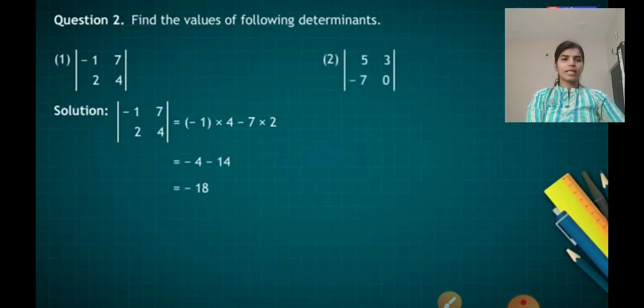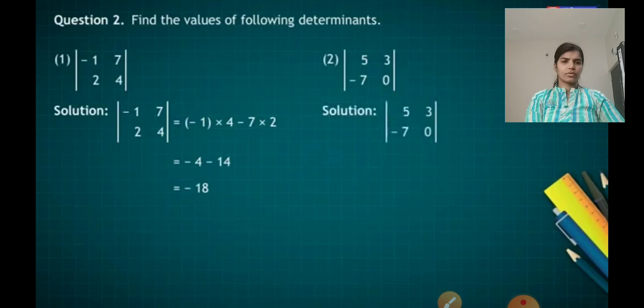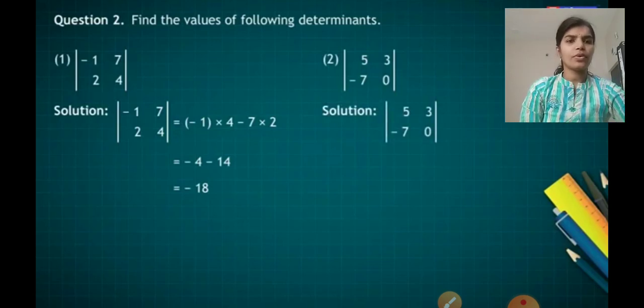Then our second example is 5, 3, minus 7, 0. Here also the same method. We want to cross multiply these numbers. We are multiplying 5 into 0 and minus 7 into 3.